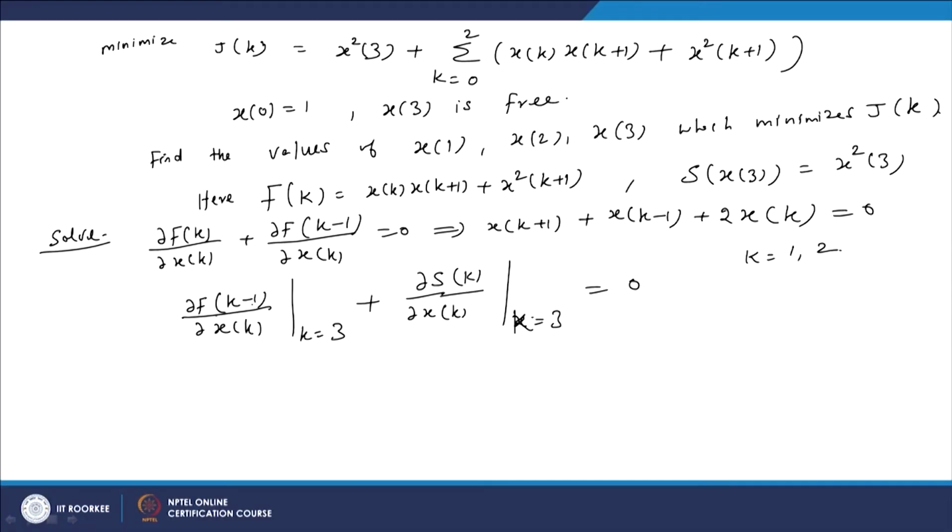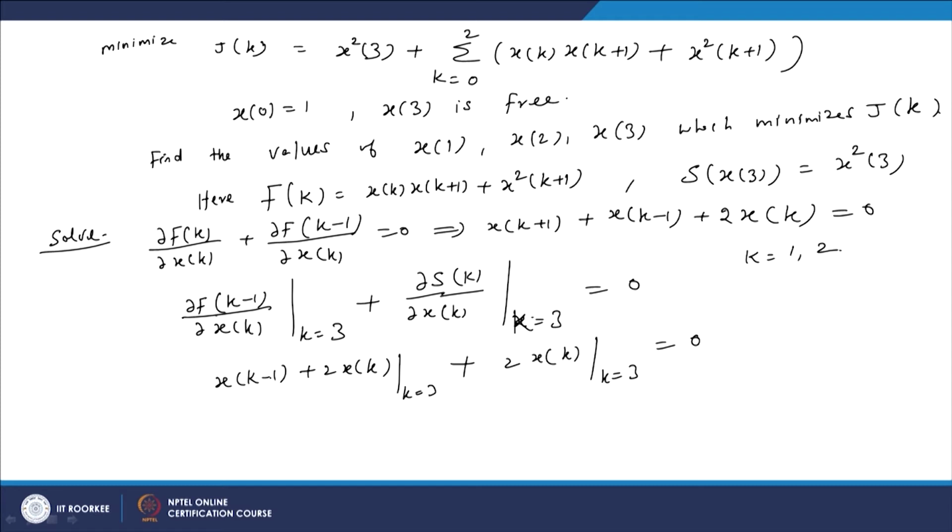So, if you take this expression f of k minus 1 and differentiate with respect to x k, we will get x of k minus 1 first and here plus 2 times x of k at k equal to 3, plus del s by del x k, that is 2 times x of k at k is equal to 3, that is equal to 0.